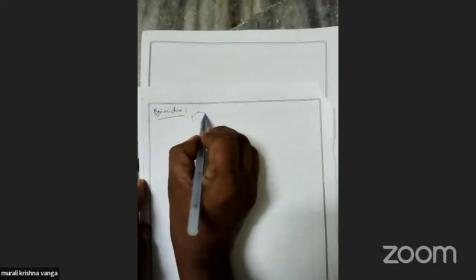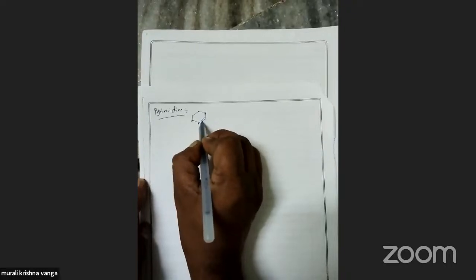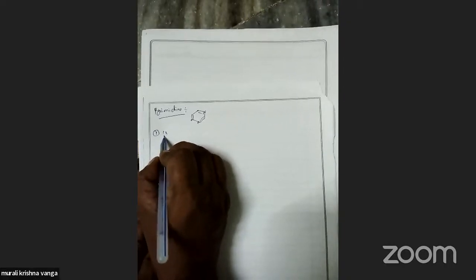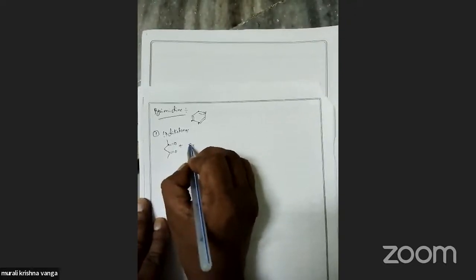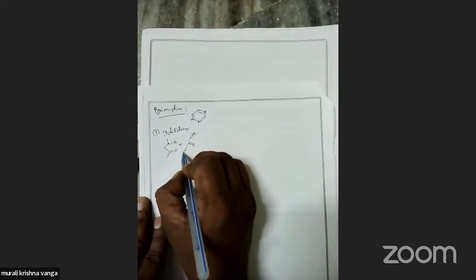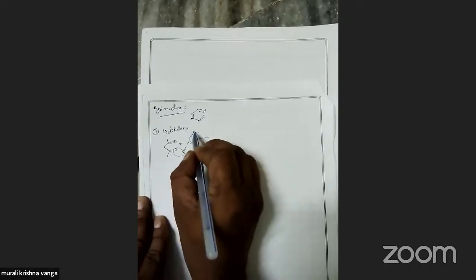Next one is pyrimidine, with two nitrogen atoms at the 1,3 position. The first method of synthesis of pyrimidine is from 1,3-diketones. These 1,3-diketones react with thiourea with loss of 2 moles of water.